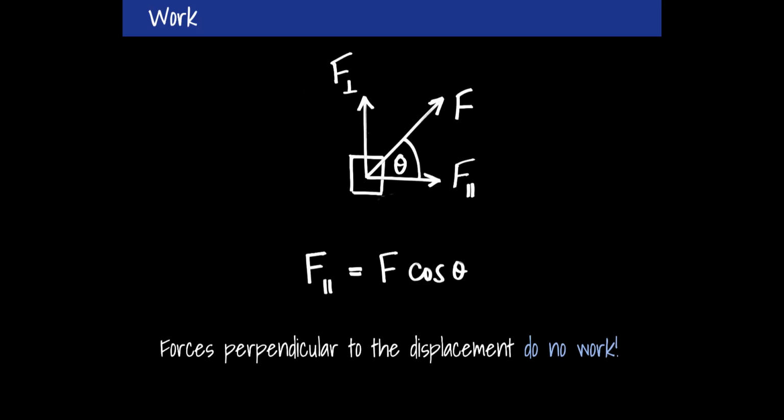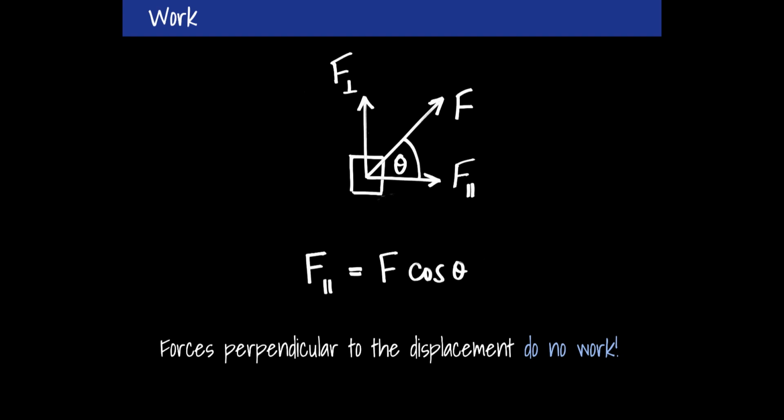So what I'm going to do here, without worrying about reteaching any trigonometry if we happen to be lacking, is to say that if I look at F parallel and F here and imagine that I fill in the space between these arrowheads, I have a triangle. And that triangle has an adjacent side, an opposite side, and a hypotenuse. And there's a relationship between the hypotenuse, which happens to be the force F, and the adjacent side, which is F parallel.